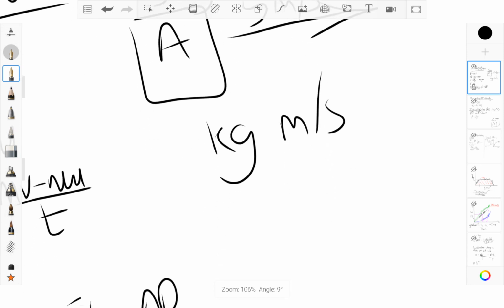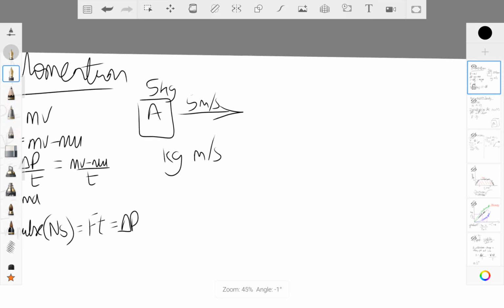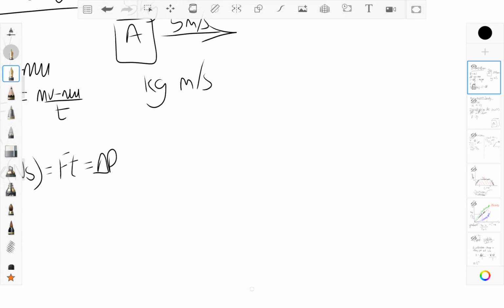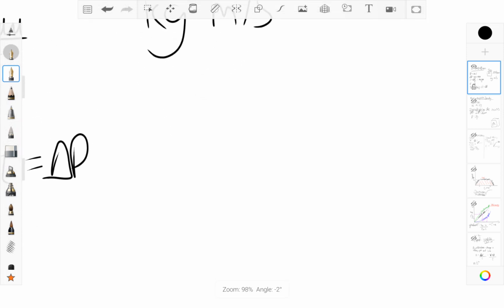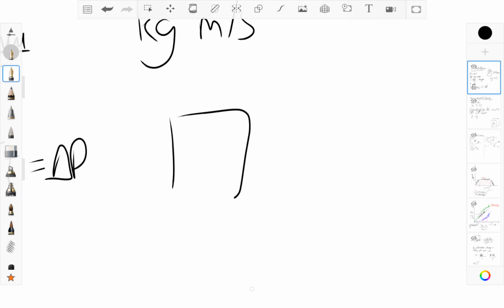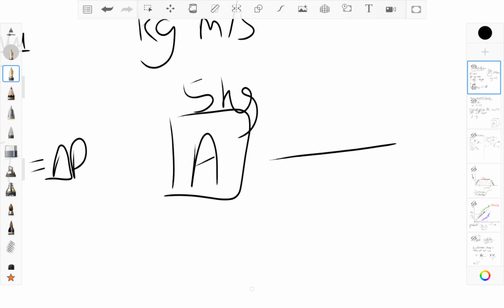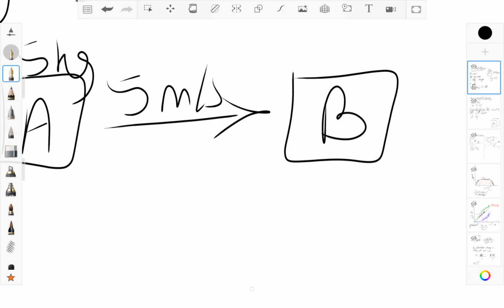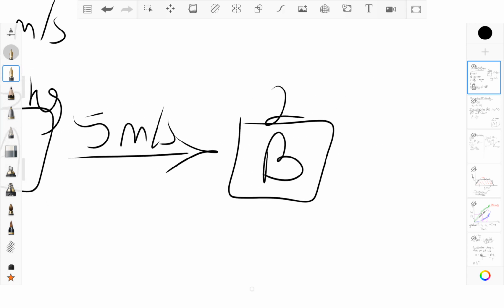Another thing you should know is the law of conservation of momentum. Essentially, if I have A, again 5 kilograms moving at a velocity of 5 meters per second, and I have B, which is a stationary object, this is 2 kilograms.